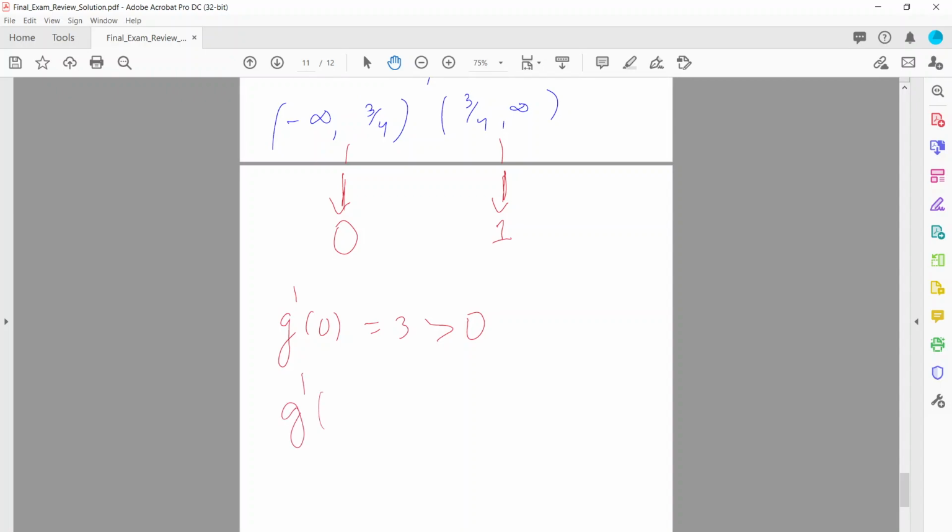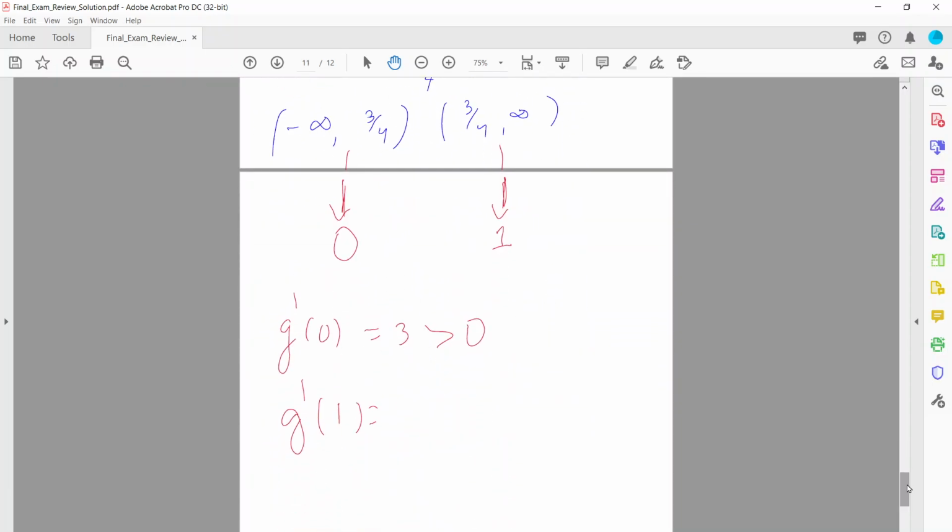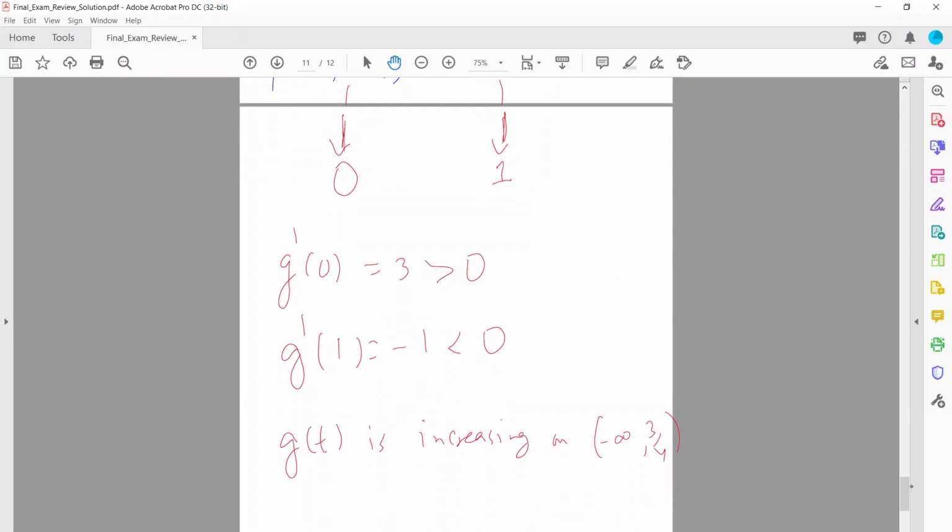If you find the derivative at 1, it is -4 plus 3, which is -1. So by using the positivity and negativity of this derivative, we can say that the function is increasing on the first interval because the derivative is positive, and decreasing on the second interval.